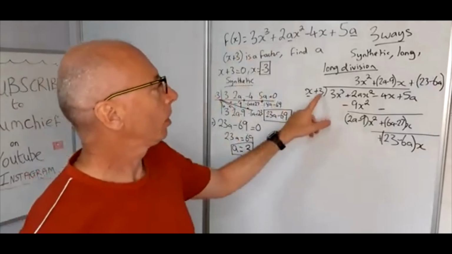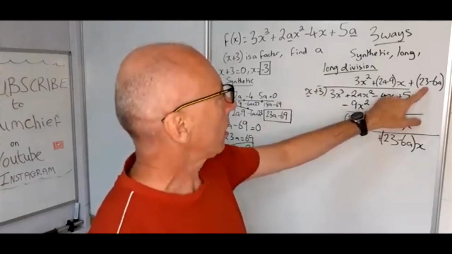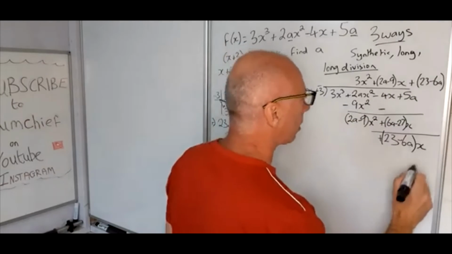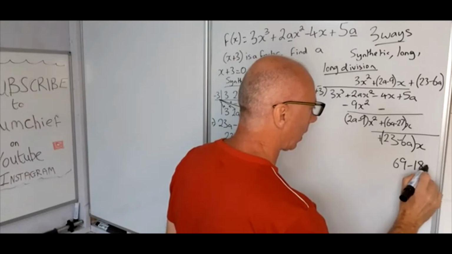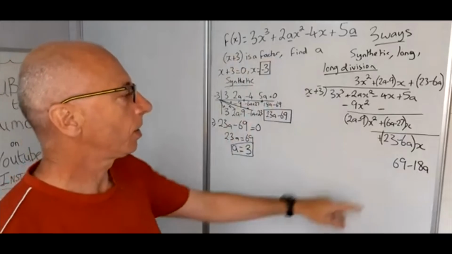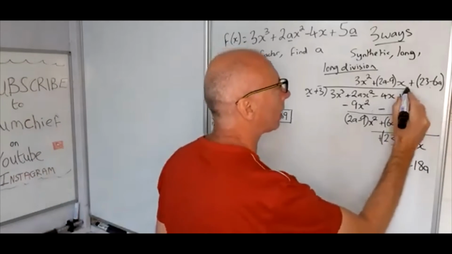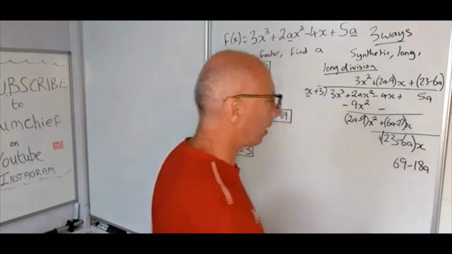And as we did before, multiply by 3. So that gives us 69 minus 18a. So let's just write that down here, 69 minus 18a. Okay, so if I just write this 5a out here a little bit further, just so we can see that comes down here.